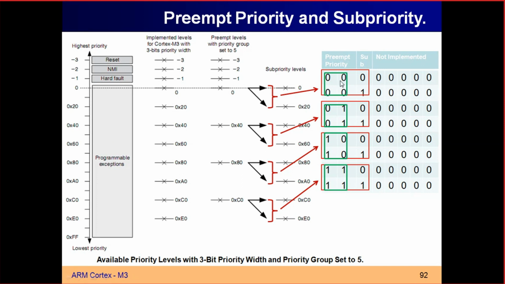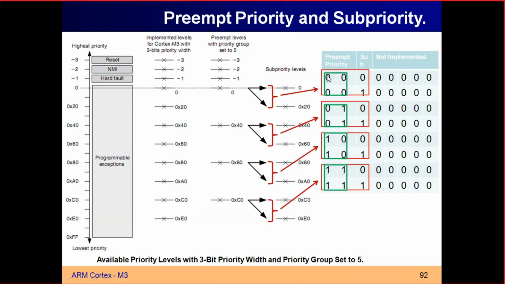So I will write 0 0 0, 0 0 1, 0 1 0, 0 1 1. So these are the binary values. If it is 0 0 0, what does it mean? It will be 0. 0 0 1 means it will be 1. Right. So what will be the sub priority and what will be the preempt priority?